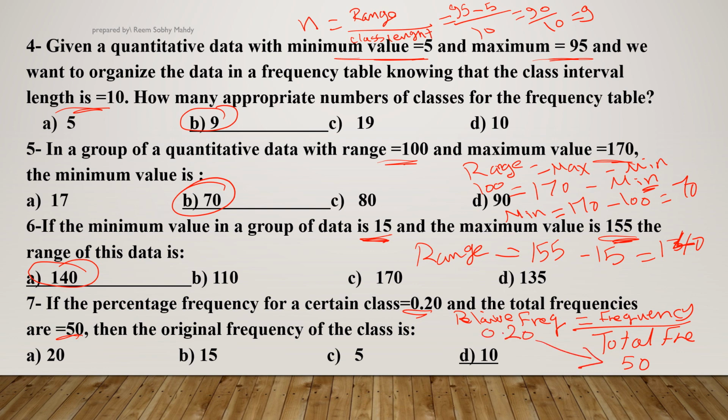So by multiplying the relative frequency times the total frequencies, the frequency equals 20% times 50 equals 10.